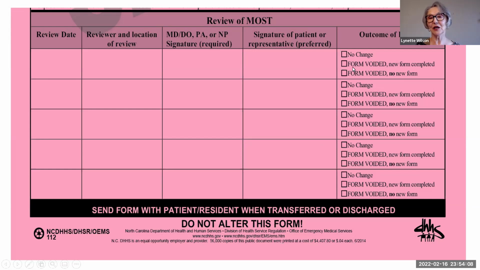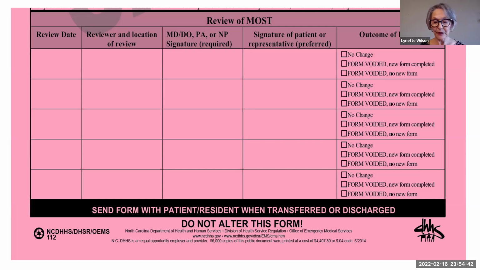So I'm just not sure when this would be used unless it was to document that it had been reviewed again and that the patient or the healthcare power of attorney or that legally responsible person did not want any changes on it. The form can be revoked by destroying the form, putting a line through it and writing void, or indicating in this section that it has been revoked.